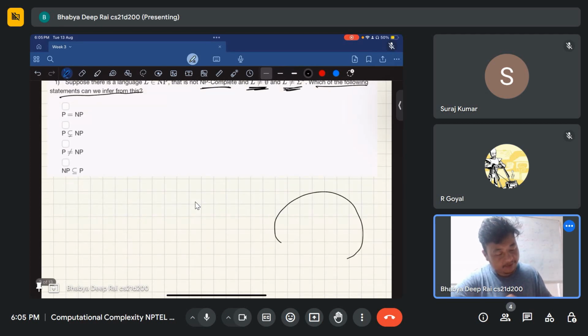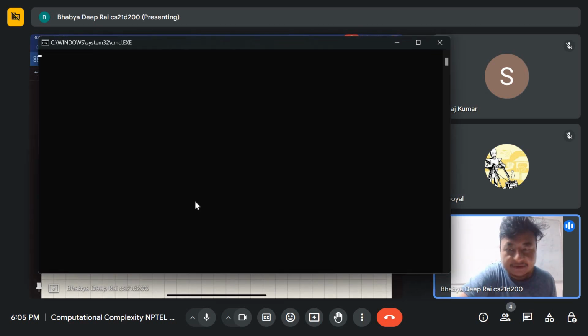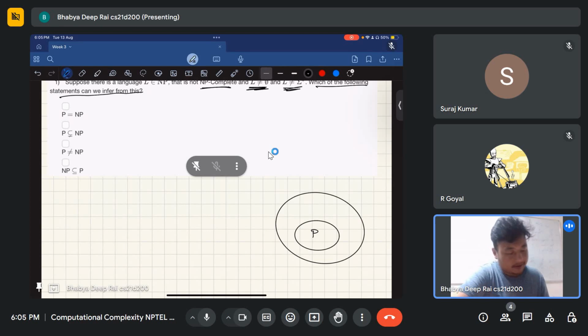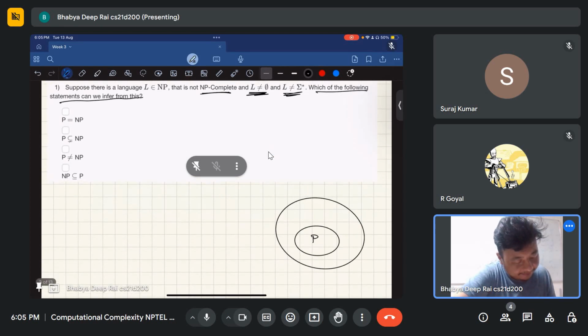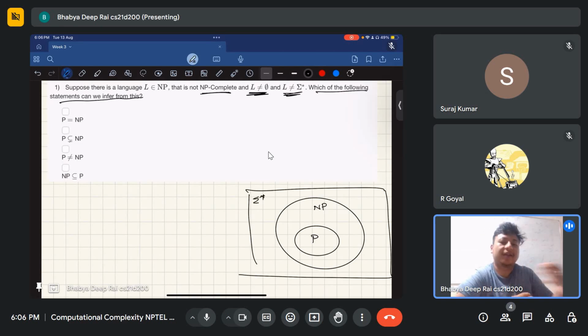We already have P, the set of polynomial time decidable languages. Next we have NP, which contains P, the set of all non-deterministic polynomial time decidable languages. And this is contained in sigma star, the set of all languages.